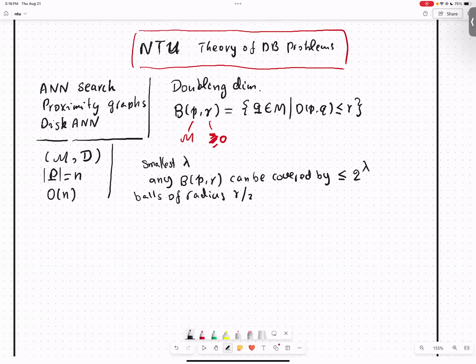You see, I talk about balls of radius r by 2. I only specify the radius. I have not specified the center of the ball. As you can see, the center is this P here. So feel free to take whatever points in the metric space to serve as the centers. All I constrain is that the balls that you choose have radius r by 2.